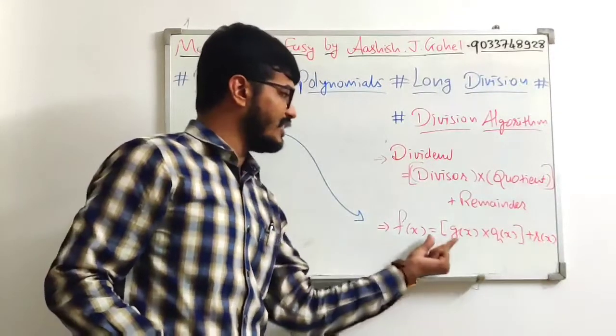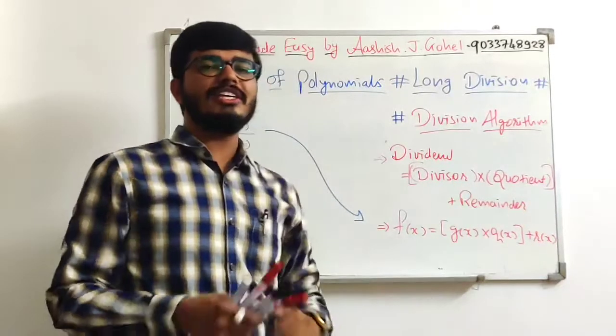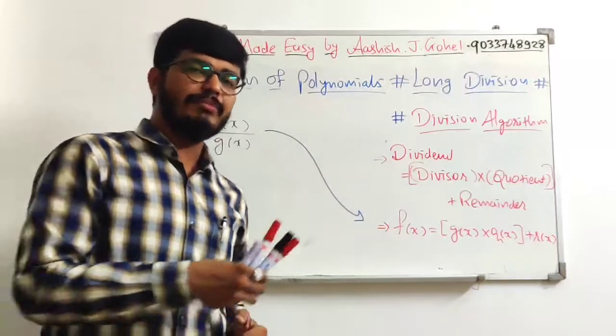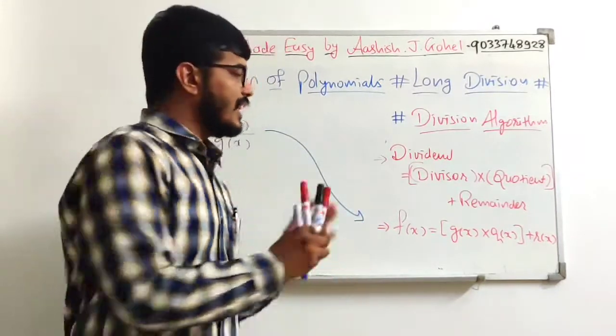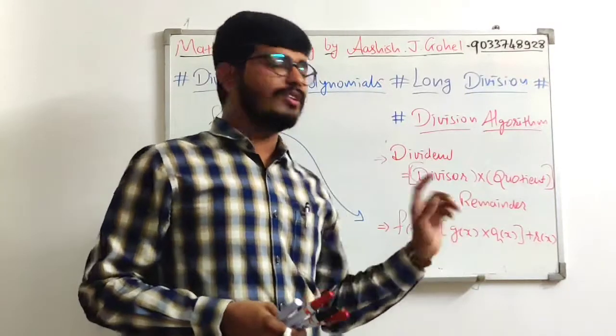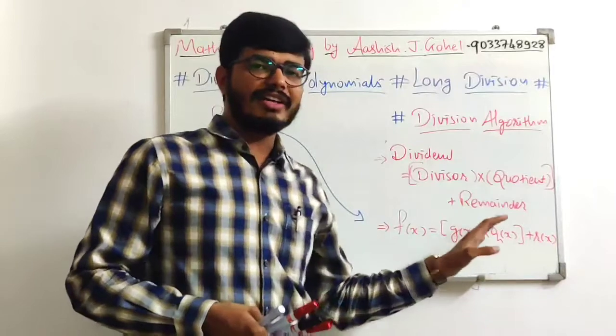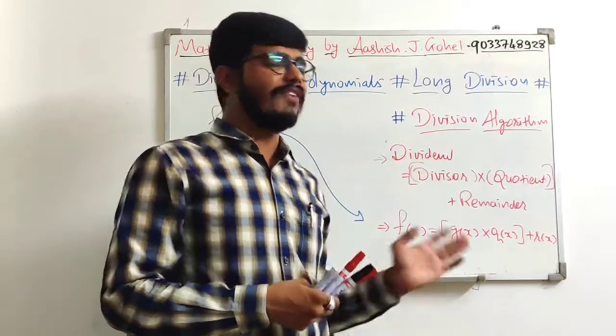I have written x everywhere, so all these equations will be in terms of x only. You can use another variable also, there is no issue, but in the textbook they are generally given in terms of x. That is why I have noted down x. Otherwise it may be t, s or any other variable, y also.